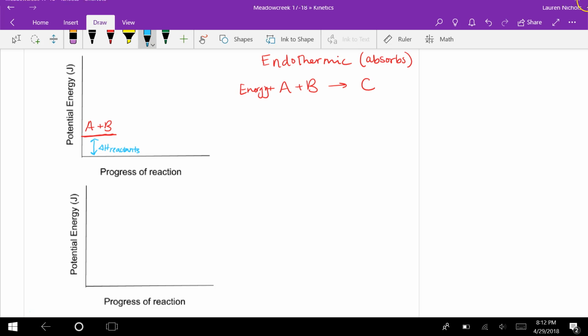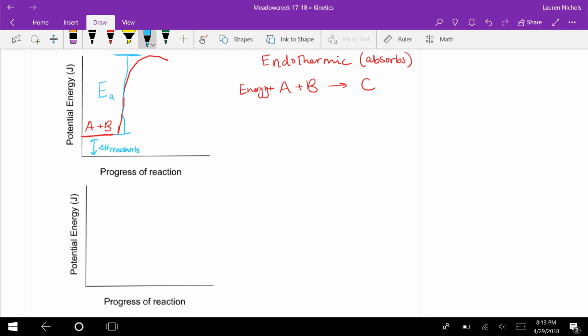Now, what happens is that energy that was a reactant gets absorbed, and so the potential energy starts to increase, okay? And what happens is when they get to the top of this hill, it starts to crest over, and they start to release energy a little bit. That amount of energy from the top of this hill all the way to the reactants, that's our activation energy, or E sub A.